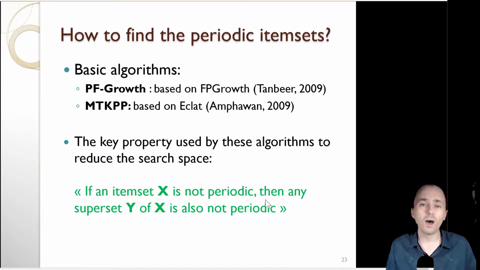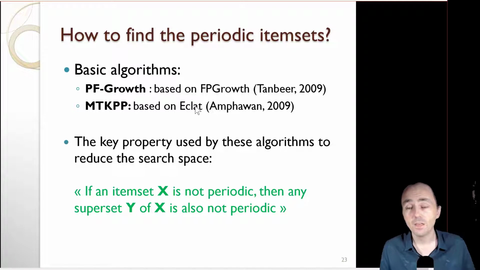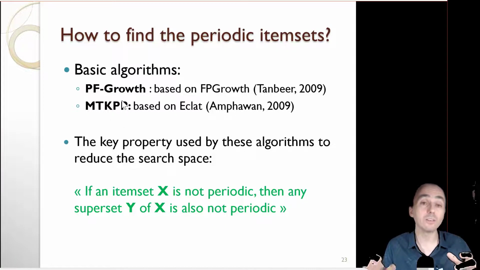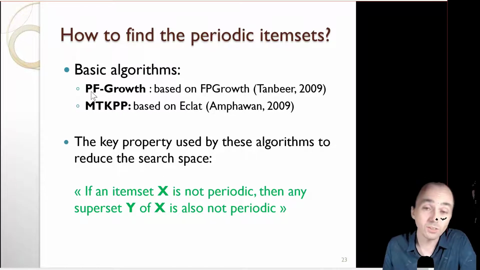So how to find the periodic item set? Now, if we want to design some algorithm to find these patterns in the data, there are two basic algorithms that have inspired many other algorithms. The first one is PF growth in 2009, and basically it is based on FP growth.